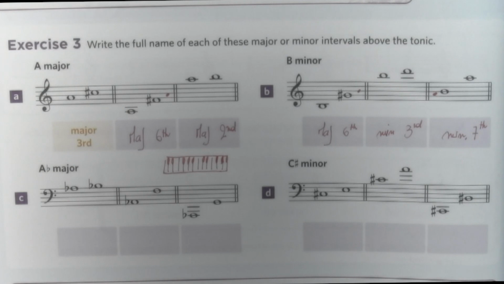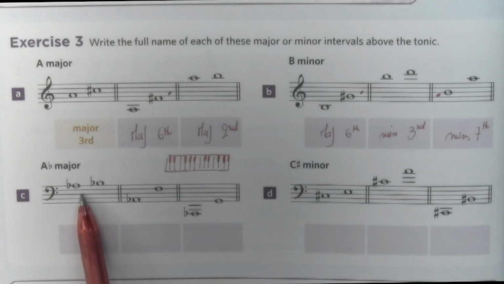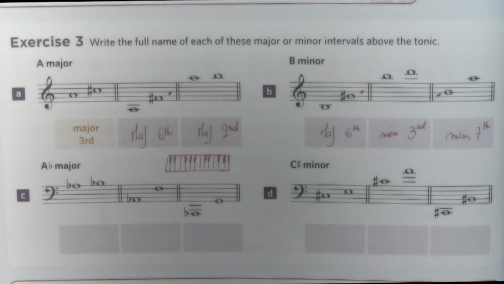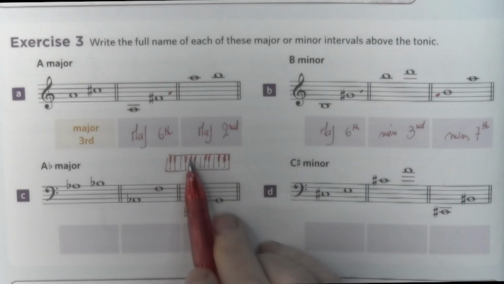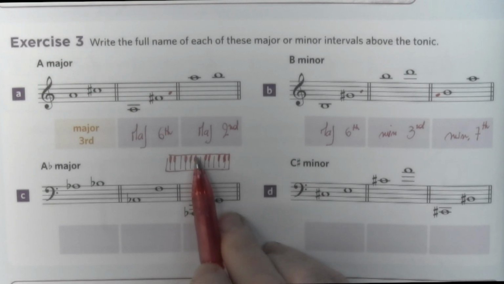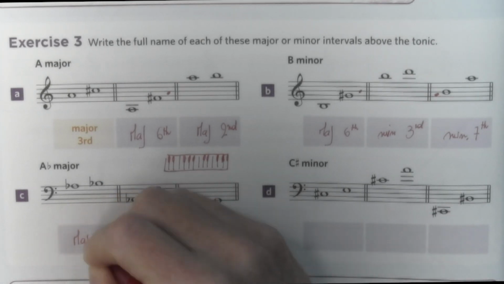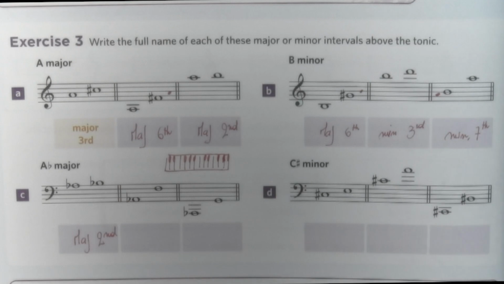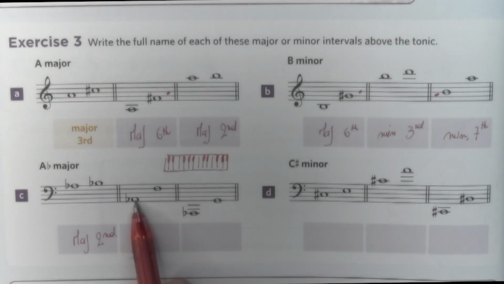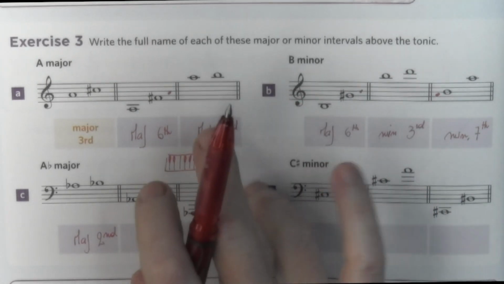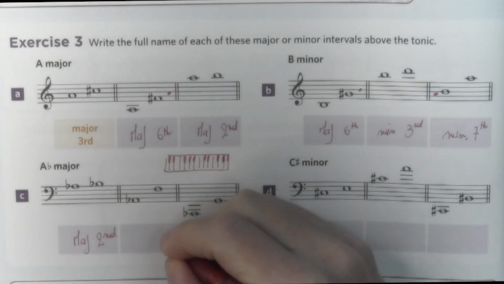Let's go on. From A flat, this is clearly a second because there are two consecutive notes. So from la flat to si flat, we have two steps. So this is a tone and it is a major second. La flat, fa, la, si, do, re, mi, fa is a 6th.